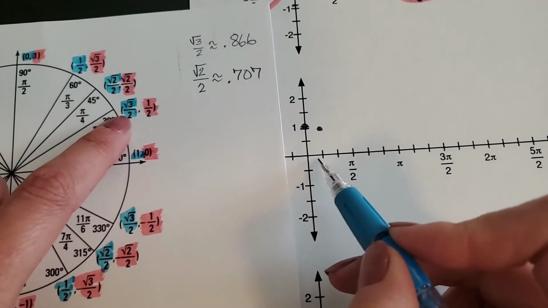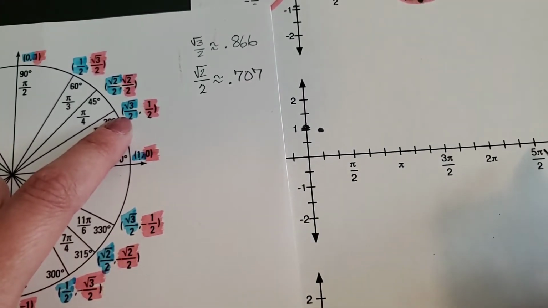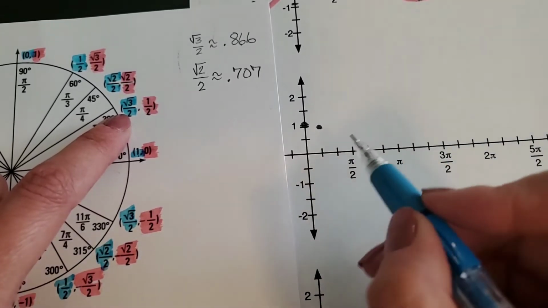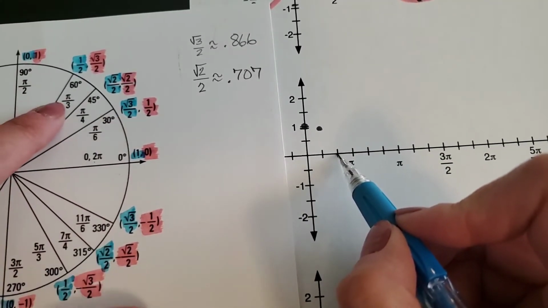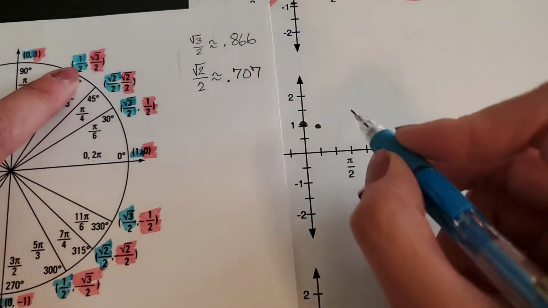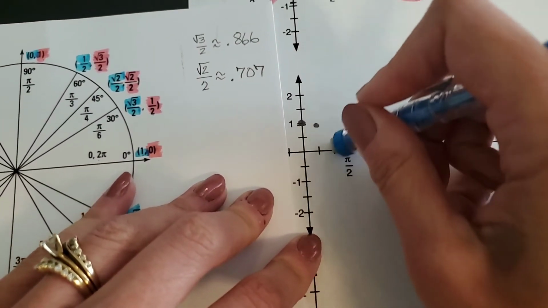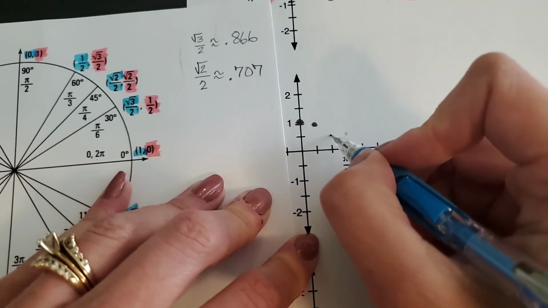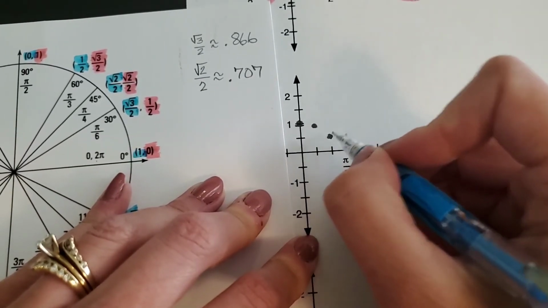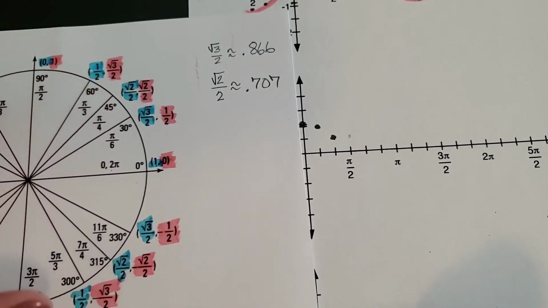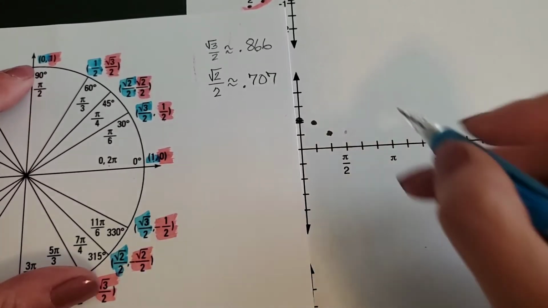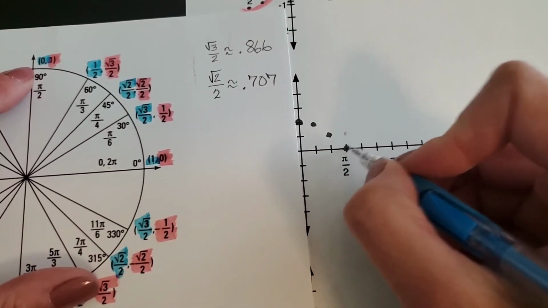And again, just because of how I scaled this, I'm going to skip those pi/4s. I'm going to jump right over to pi/3. That has a cosine value of 1/2. Whoops, I skipped too much there. That's why it's good to do it in pencil. Right there, 1/2. And at pi/2, that cosine value is 0.